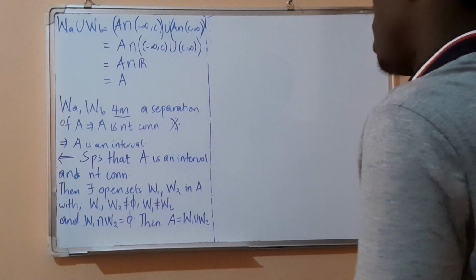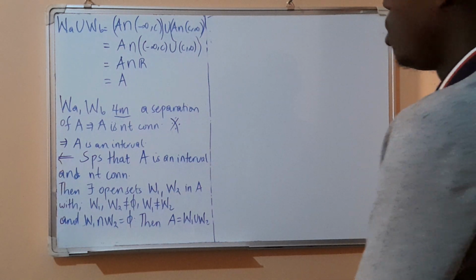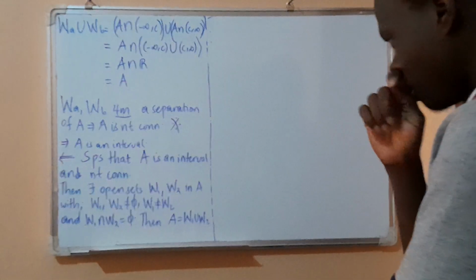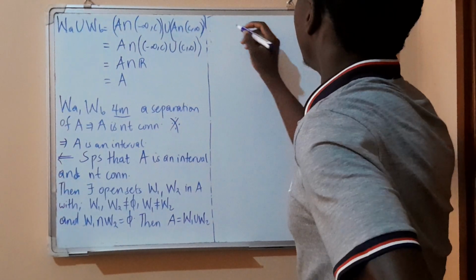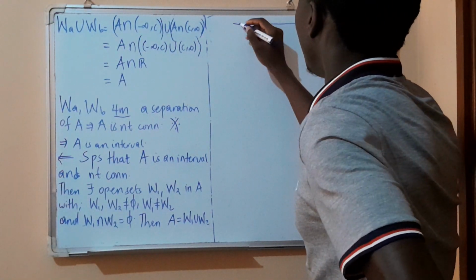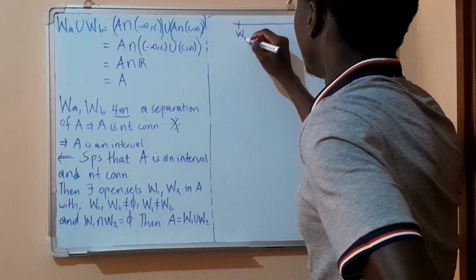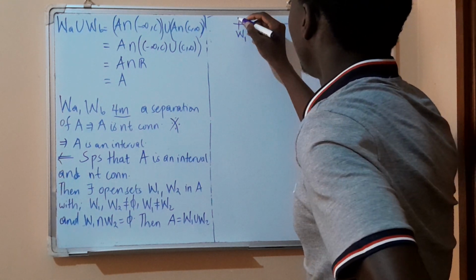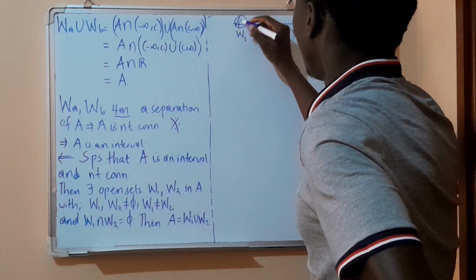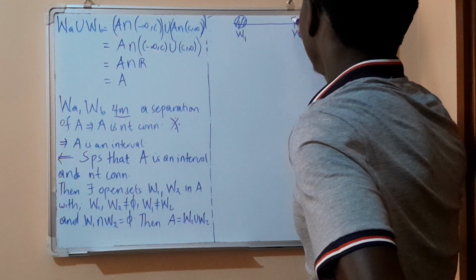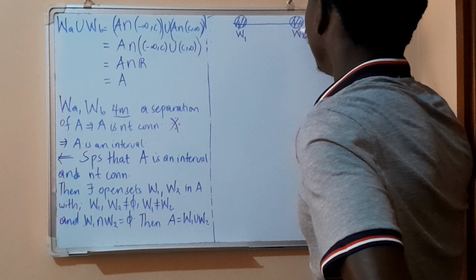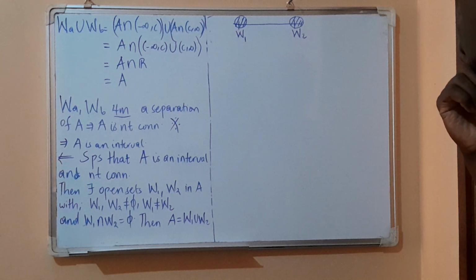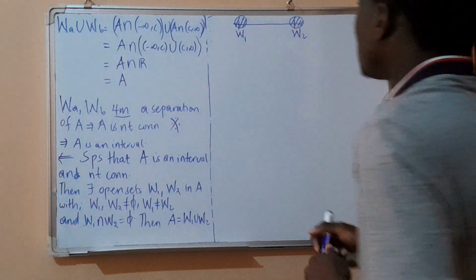So what do we observe? You observe that W1 and W2 are non-empty. So we have some elements in W1, and W2 is non-empty, so we also have some elements in W2.